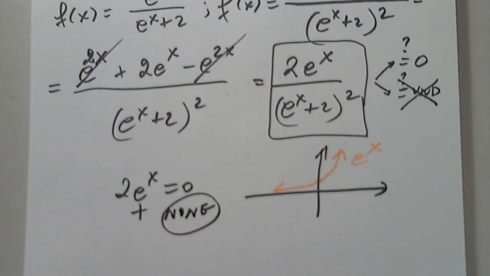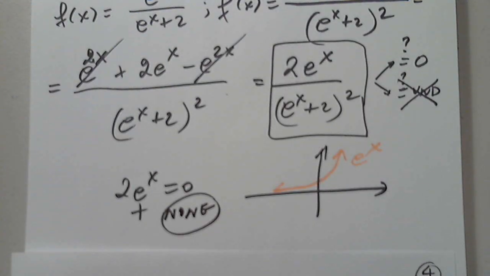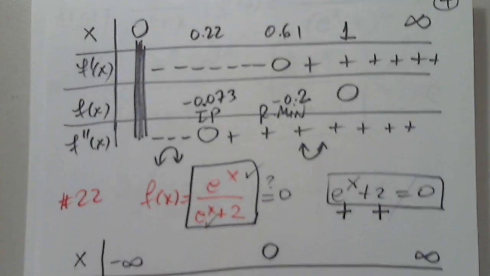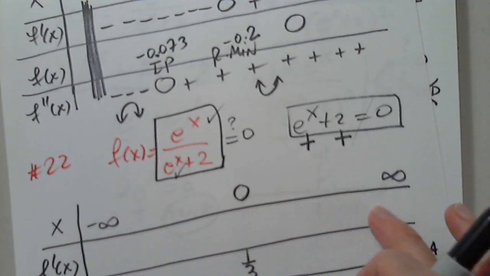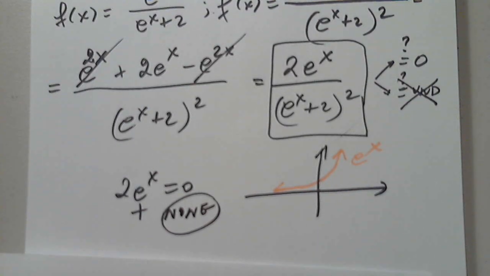Okay, what is the sign of all this then? Because I need to put it in here. I couldn't find any critical numbers. Obviously, the function doesn't have a max or min, but I have to find the sign of the derivative. Can anyone tell us what is the sign of this derivative? Positive.